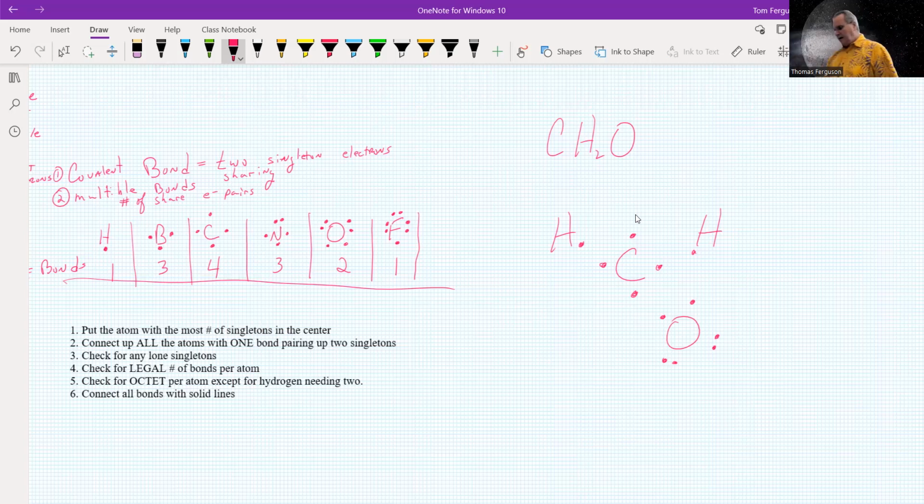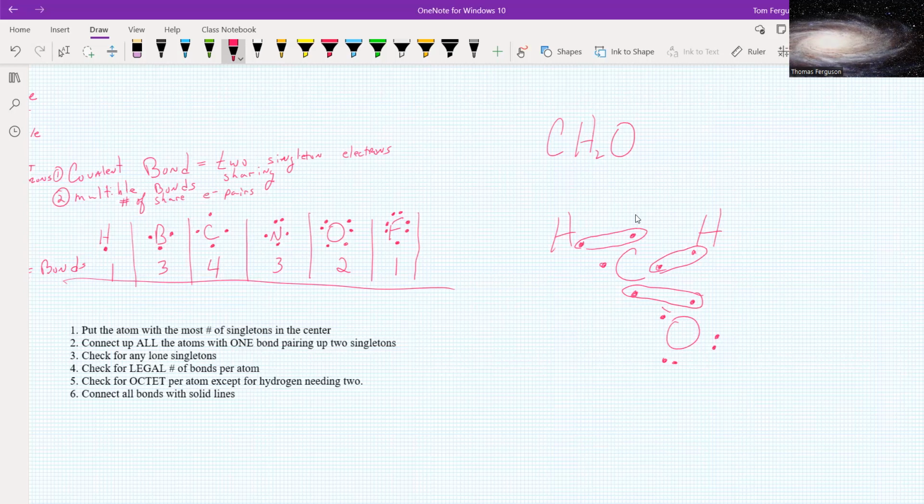Each atom has to be connected at least once. Okay, so the carbon has made a bond to oxygen and the two hydrogens.